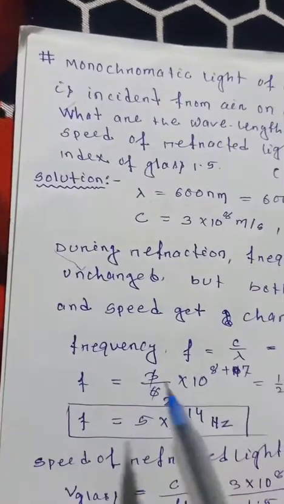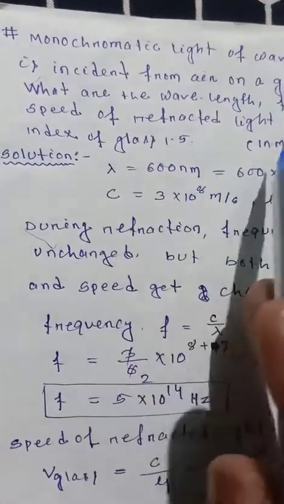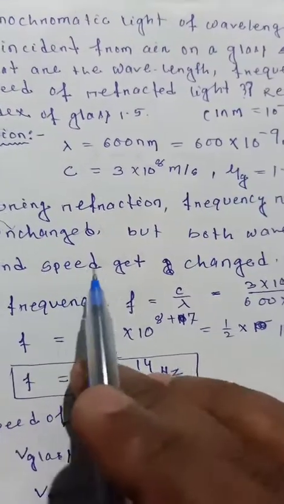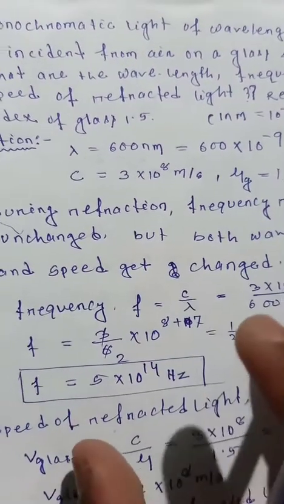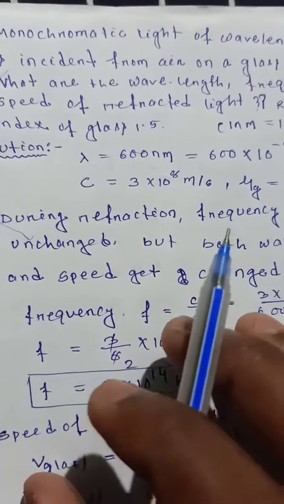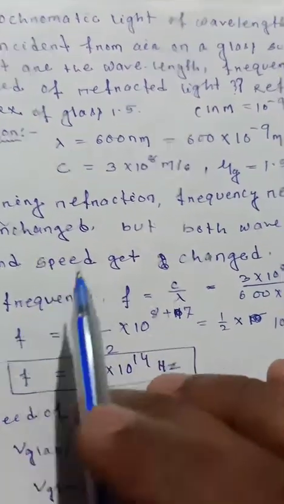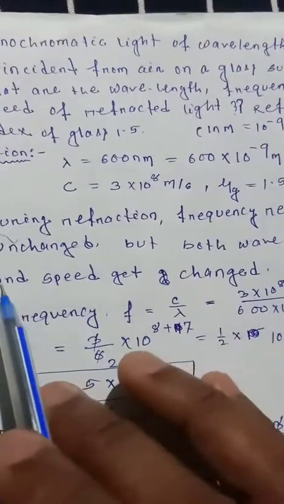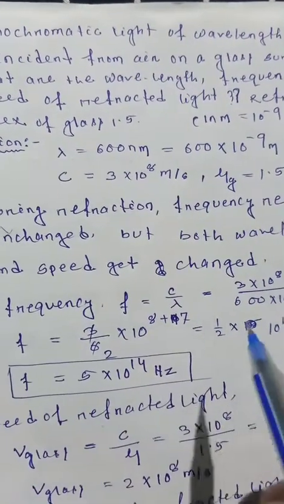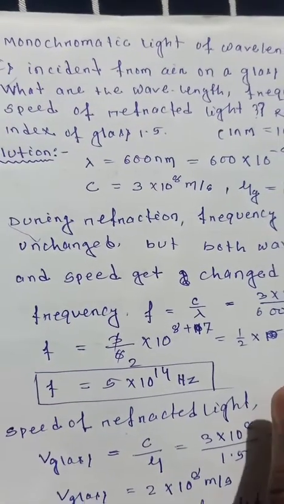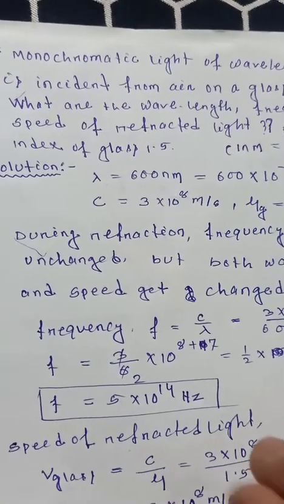But during the refraction, frequency remains unchanged. That means frequency never changes, frequency remains constant, but both wavelength and speed get changed, depending upon the medium.